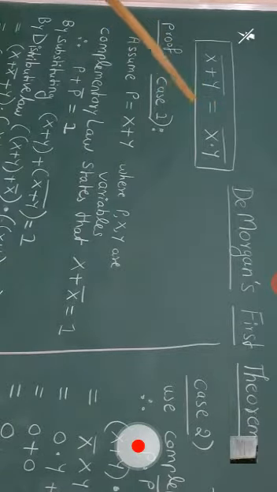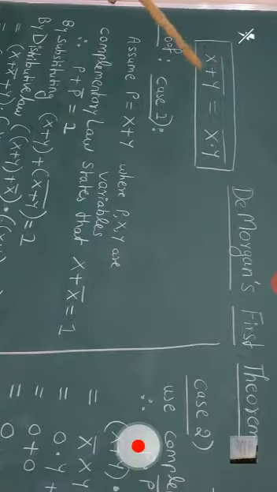So students, this is the part we need to prove. To prove this, we are going to use the perfect induction methodology. Here we have to remember that we are proving this Boolean theorem by substituting all possible values.